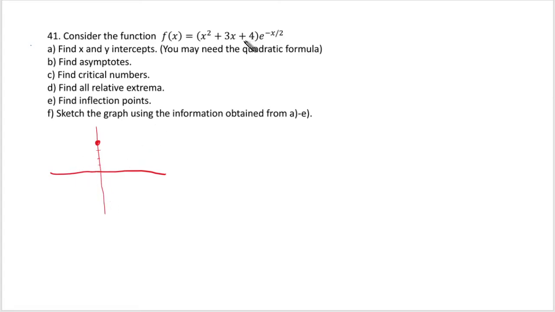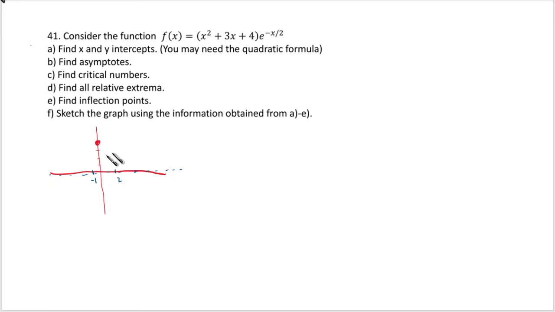And since this is always positive and this is positive, the graph will always be above the x-axis. The asymptote we found was that as x goes to positive infinity, y equals 0 is an asymptote, right? We also found that the critical numbers are negative 1 and positive 2.